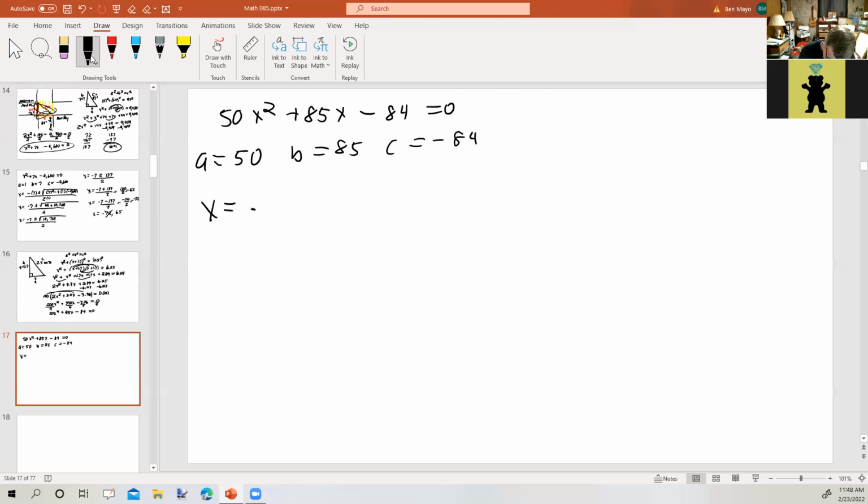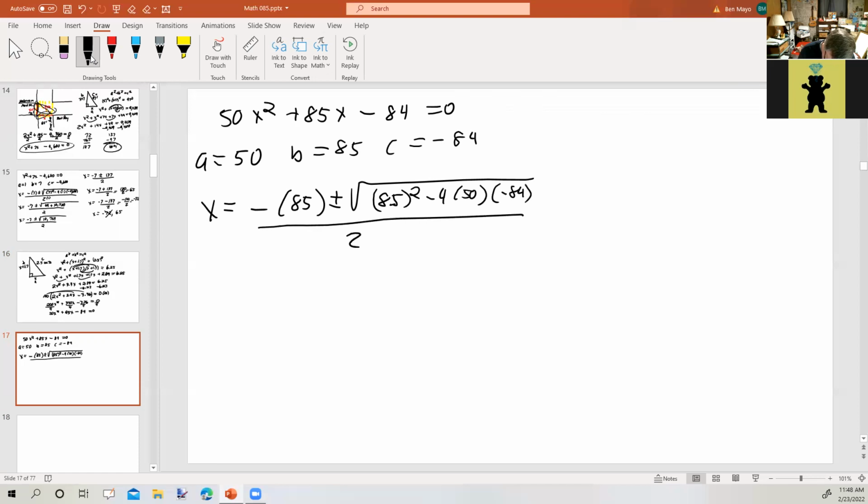X equals negative B plus or minus the square root of B squared minus 4AC, all over 2A.